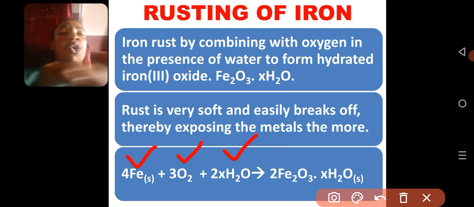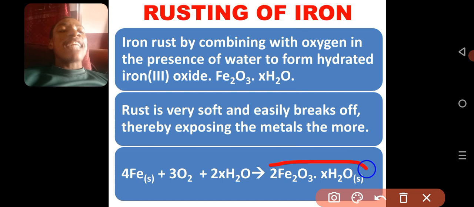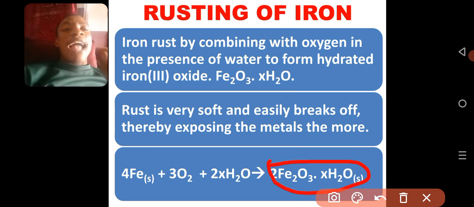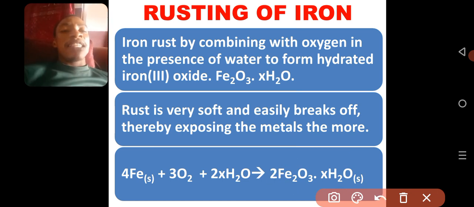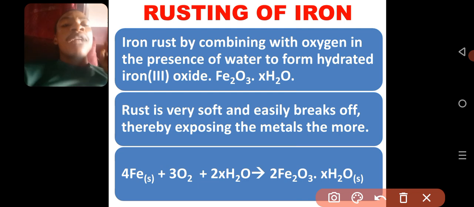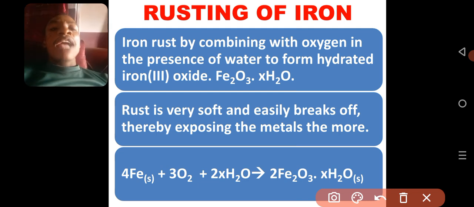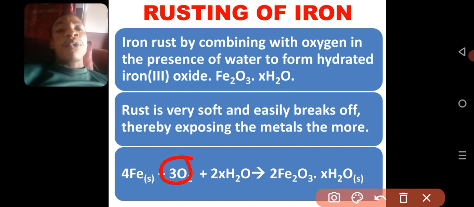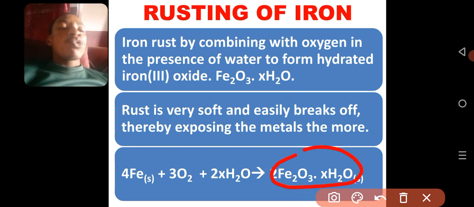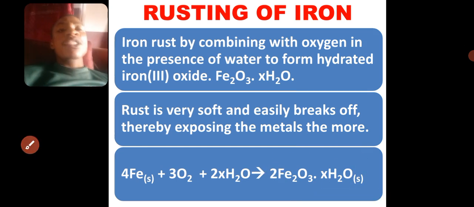That is the condition for rusting of iron, to give us hydrated iron III oxide. That hydrated iron III oxide is known as rust. So master the equation: 4Fe, 3O2, 2xH2O, to give us 2 moles of rust. That is rusting of iron.